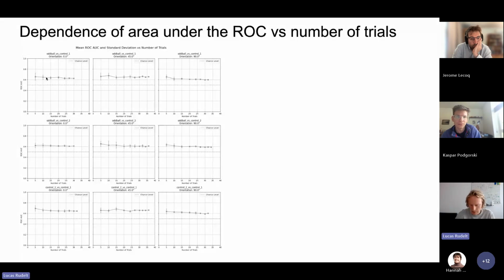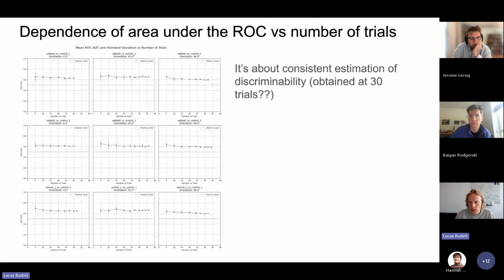I did this super fast. I don't know, Sarah, if this is completely at odds with what one would expect, but I think the discriminability of two conditions shouldn't depend on the number of trials, ideally, right? It's more a property of the system, and the trials are just the proportion, the snippet, that we see.